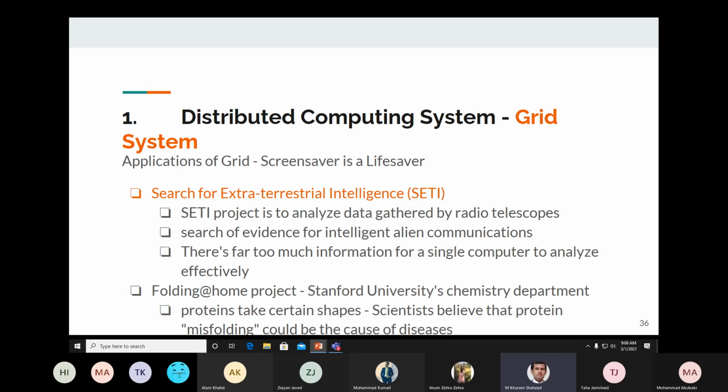These stars and planets have their signature of light, and we can calculate how far a star is by measuring how much time the light needs to reach the Earth. Anyway, the SETI project is to analyze the data gathered by radio telescopes in search of evidence of intelligent aliens.